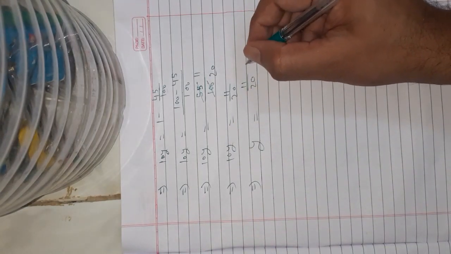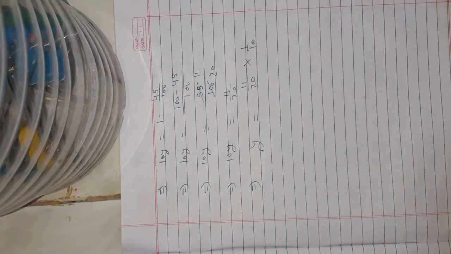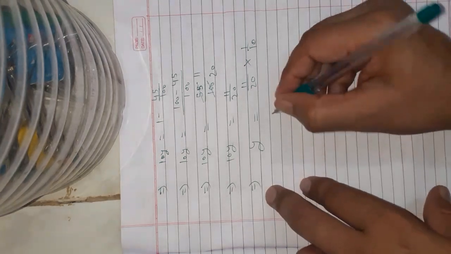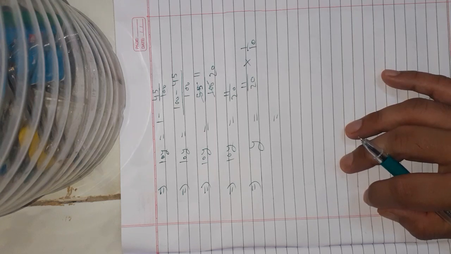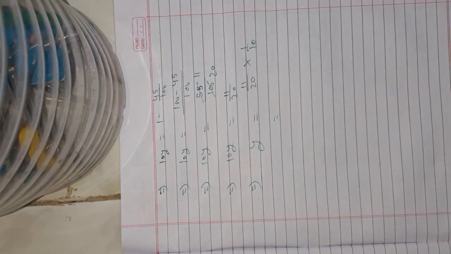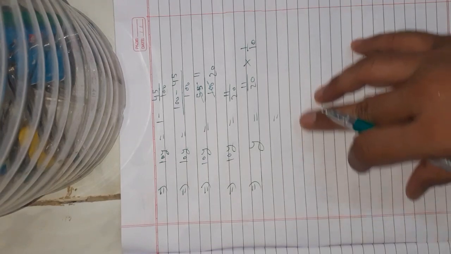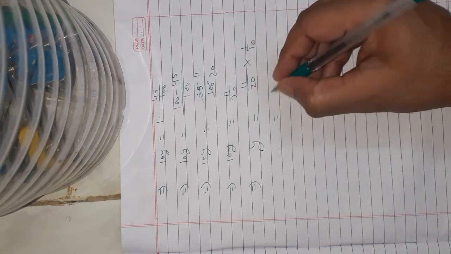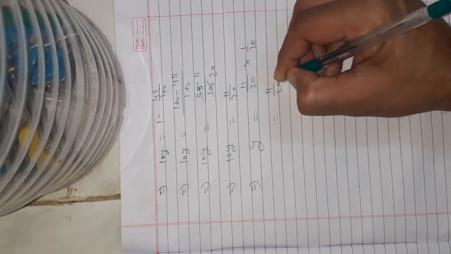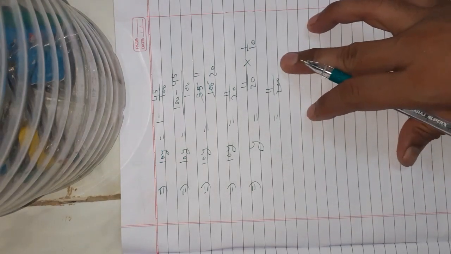So divide by 10, into 1 upon 10. Clear? Now what is the answer? So 11 upon 200. This is the final answer.